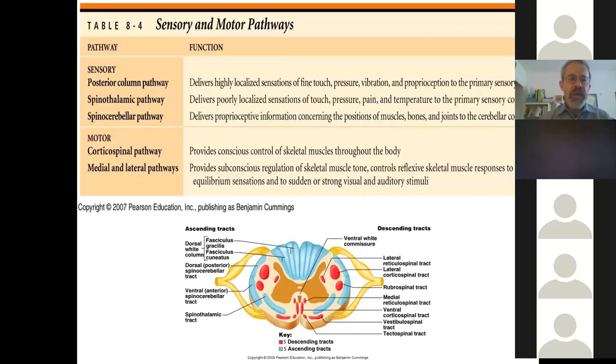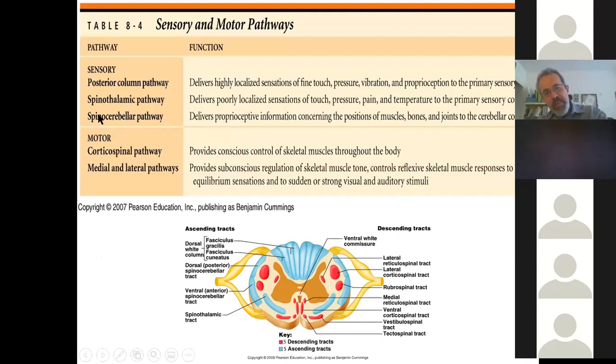Okay, so we have sensory and motor pathways. What do I want you to know about them? We have different ones. There's primarily 3 sensory pathways. They're known as the posterior column, the spinothalamic, and the spinocerebellar.